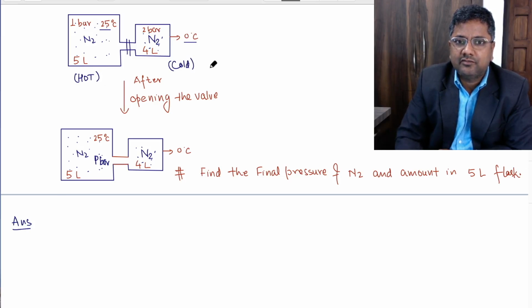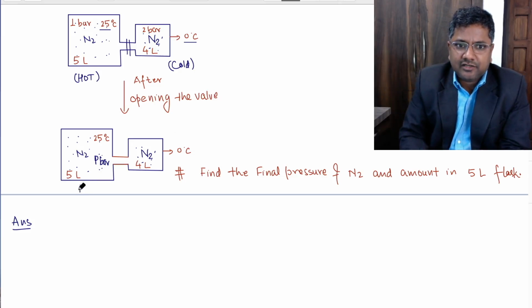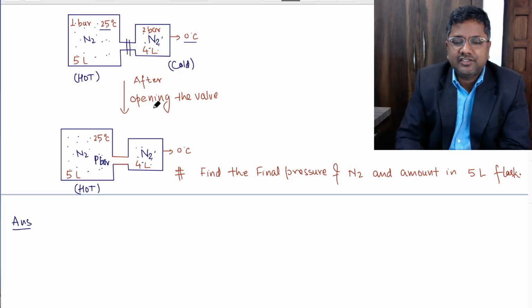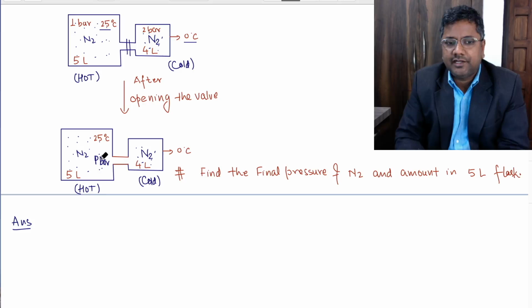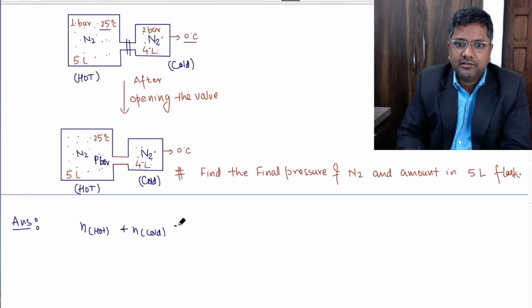With respect to temperature, I am differentiating these two systems, and before and after also, because nothing is mentioned in the question, you have to consider this state the same before and after, means 0 degrees Celsius here, 25 degrees Celsius here, still maintained. So we can write moles of nitrogen in the hot part of the system plus moles of nitrogen in the cold part of the system, means N hot plus N cold before opening.